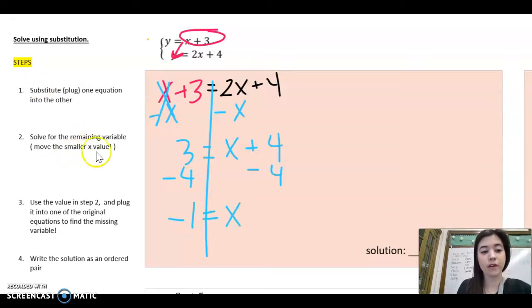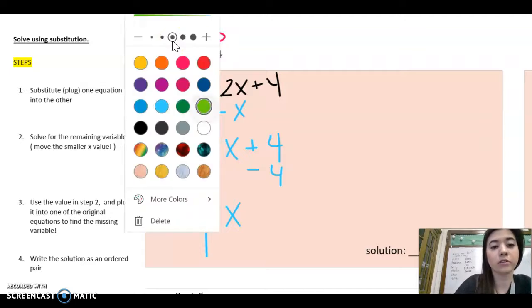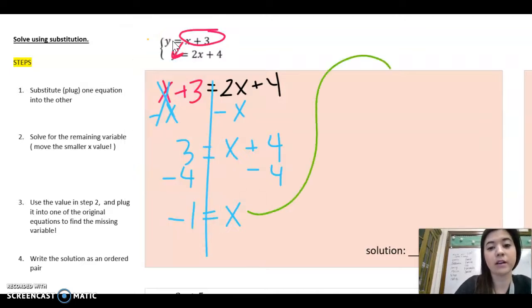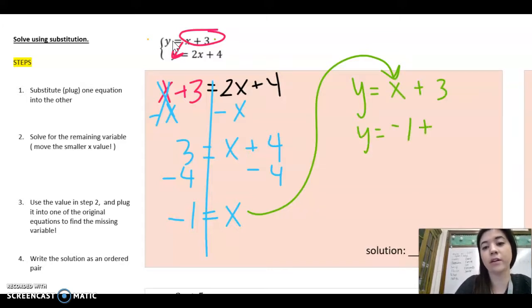From there, after we find x, we need to use that value and plug it back in to find our y. So what I'm going to do is take this x here, and plug it into that top equation for x, because now we know what x is, and x is negative 1.